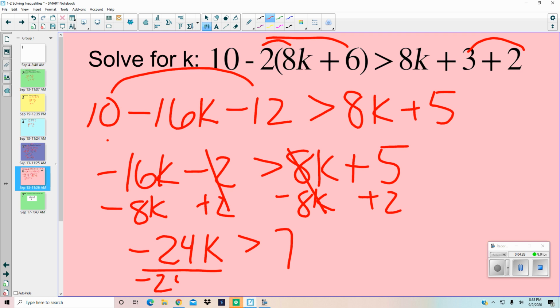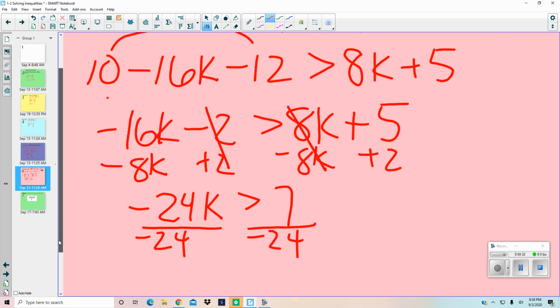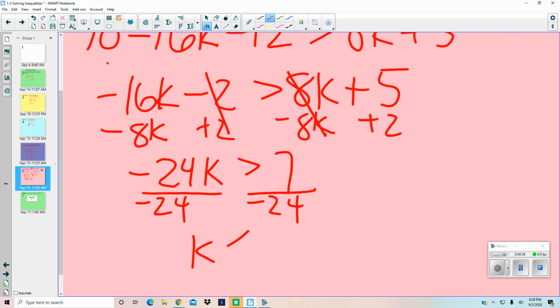Divide by negative 24 and switch the inequality because I divided by a negative. And you can't reduce that. Gosh, I hope I did the math right there. I believe I did. So it's k is less than negative 7 over 24.